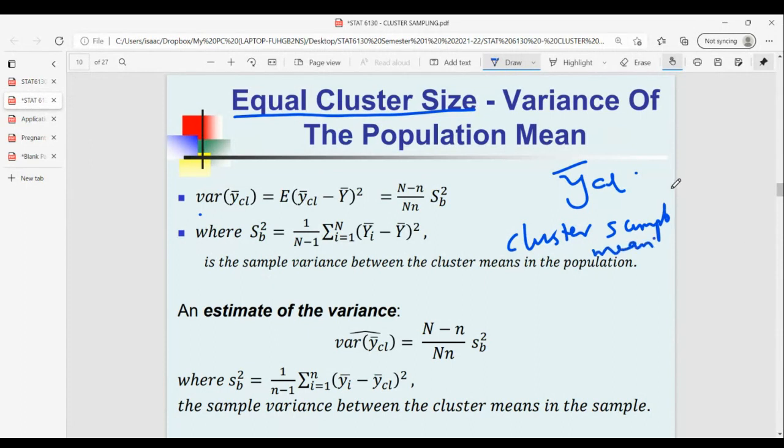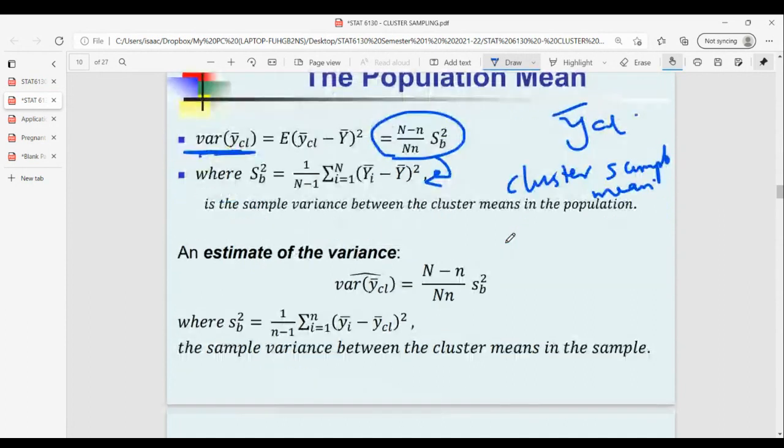We will want to know whether this cluster sample mean is as good as the simple random sampling method, or is it worse than just choosing a simple random sample? So the variance of the cluster mean is given by this, right? So of course, we're using simple random sampling without replacement. So you have n minus n S_B squared, where S_B squared is given by this value here.